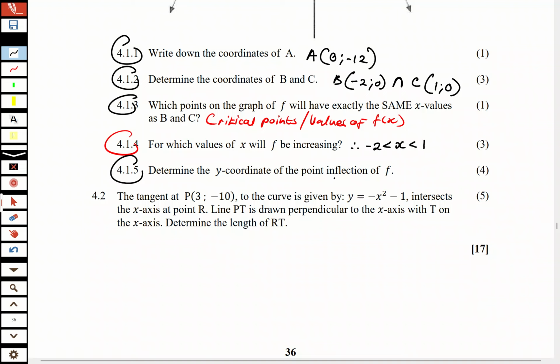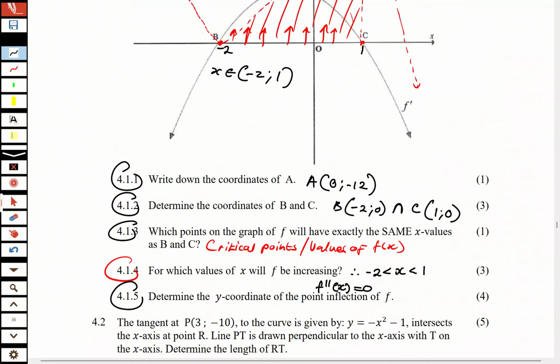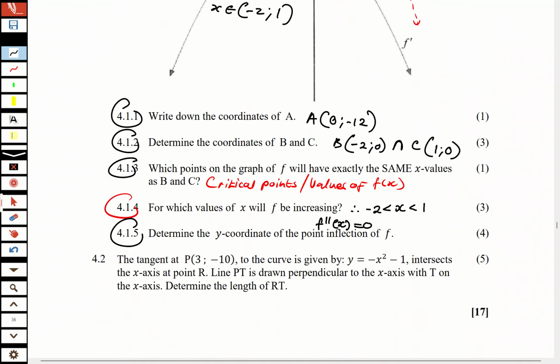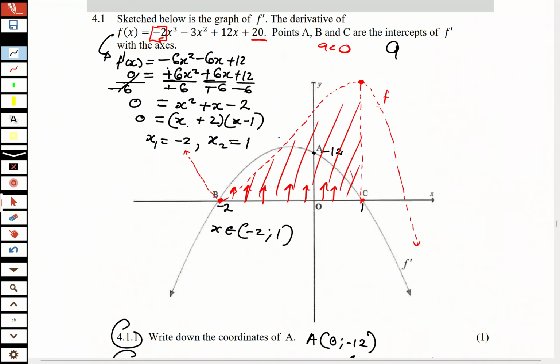Determine the y-coordinate of the point of inflection. The point of inflection, guys, is where the second derivative equals 0. So we have to first take the first derivative. So this is question 4.1.5. The first derivative is all about the gradient.